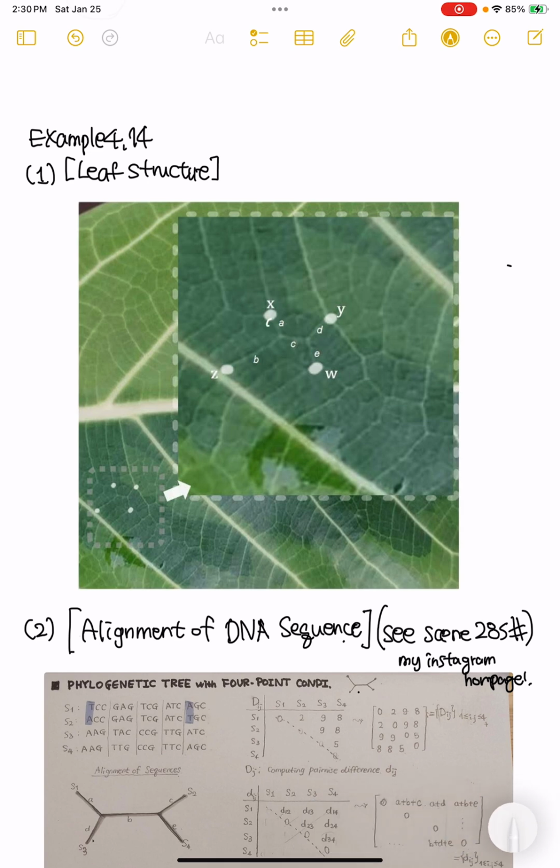When you observe the vein, we can observe the vein structure based on each point. Each point is fixed. Then we can see the following figure.